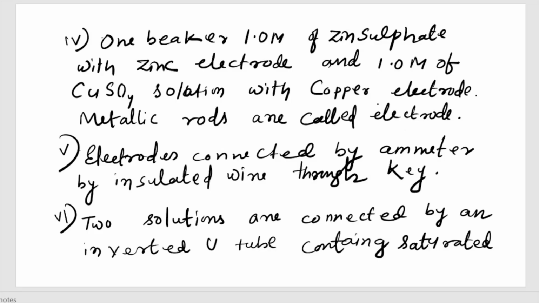Then what is the next point? One beaker of 1 M zinc sulfate. What is the molarity, what is the concentration of solution you will take? That is 1 M zinc sulfate with a zinc electrode. The zinc electrode is dipped in 1 M zinc sulfate solution in a beaker. And 1 M copper sulfate solution with a copper electrode. Here also, copper sulfate solution is 1 M, and the metal rods are called electrodes.